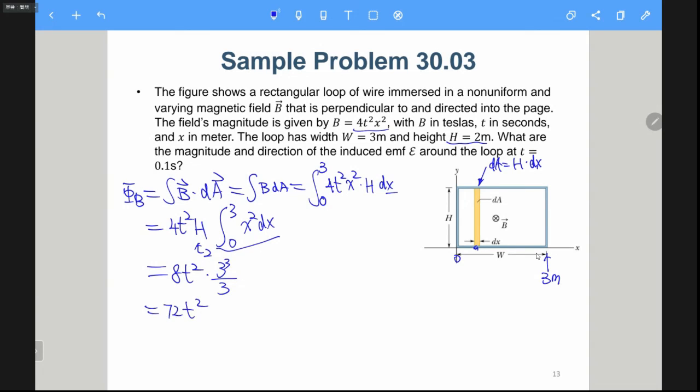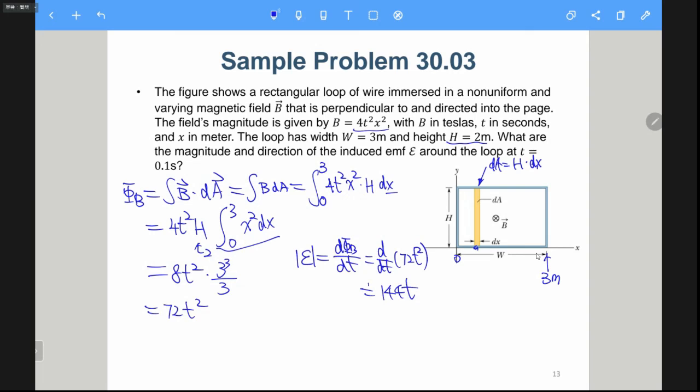So this is phi B, and we can evaluate E, the absolute value of E, equals d phi B dt, which is d dt of 72 t squared. Taking the derivative of t squared gives 2t, so altogether it is 144 t.